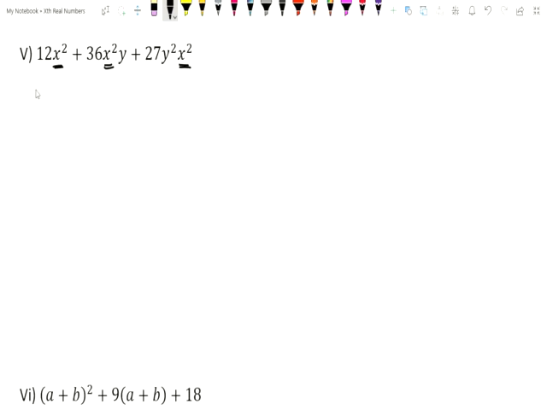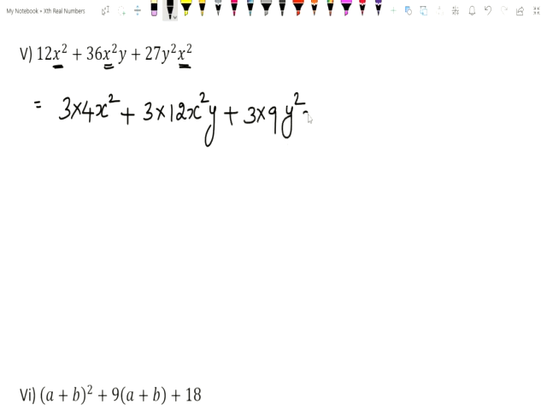See how I split this: 3 into 4 into x square plus 3 12s are 36 into x square y plus 3 9s are 27 y square x square.